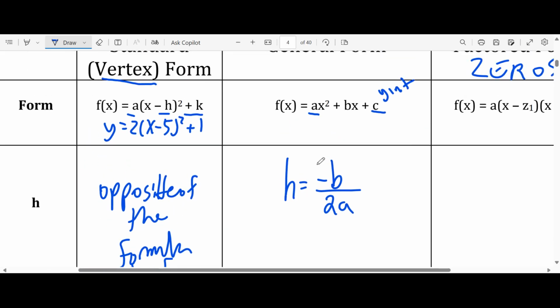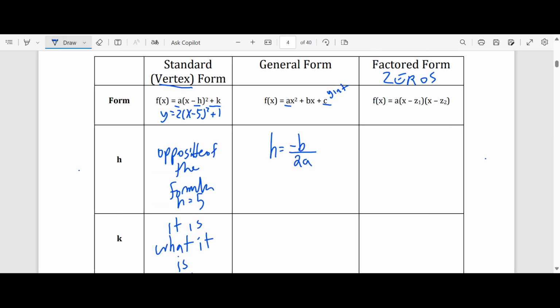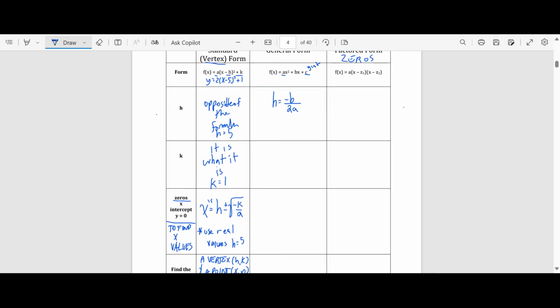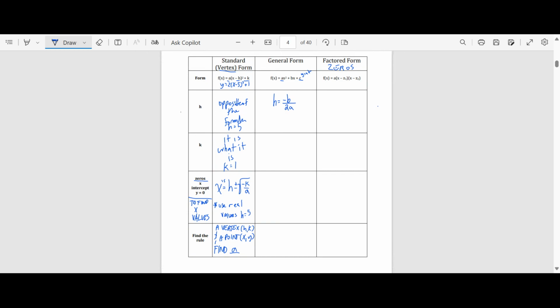But that's basically it. If there's a question where you need to find the axis of symmetry and they give you a quadratic function in general form, this is what you need to do. The reason I put it this way is that when you have this all filled in and you start a question given to you later on, you're not going to do all of this.